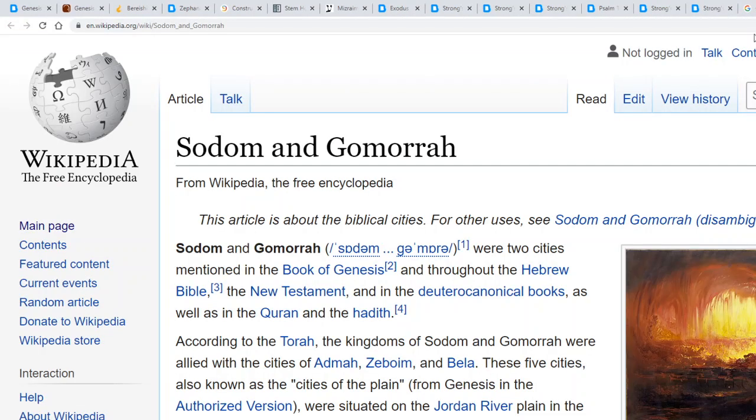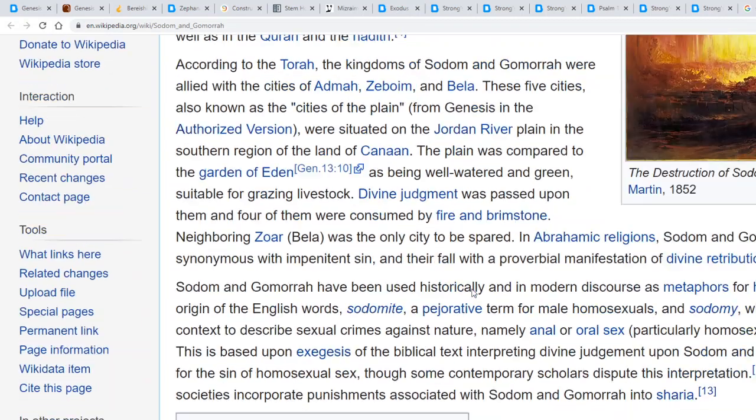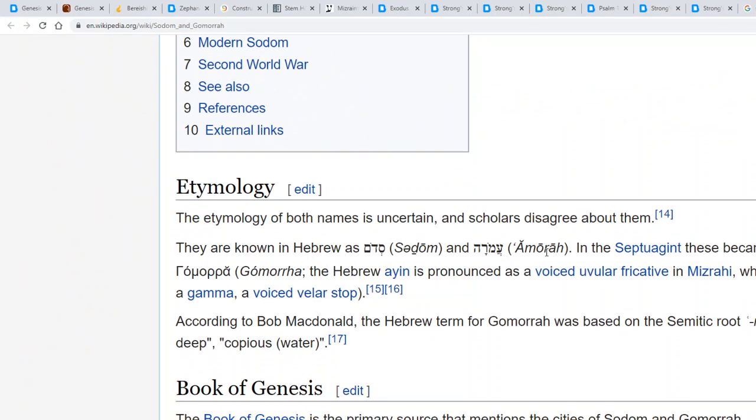Sodom and Gomorrah in the Hebrew, Genesis. Sodom and Gomorrah, Amora is with an ayin, right? So Emori is different.